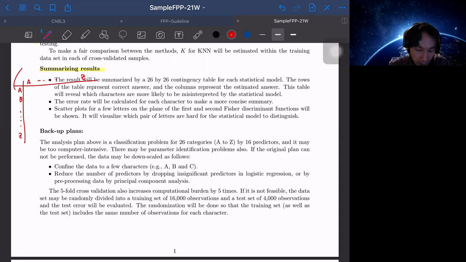This is the actual letter, and maybe we can put probabilities. Okay, maybe 90% of A's are recognized as A, but maybe 5% are recognized as B, and 1% recognized as C, or something like that.